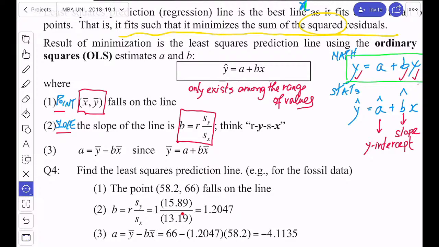Now because of the rounding, this ends up being different than the one on my calculator. Okay, but we'll go with this.